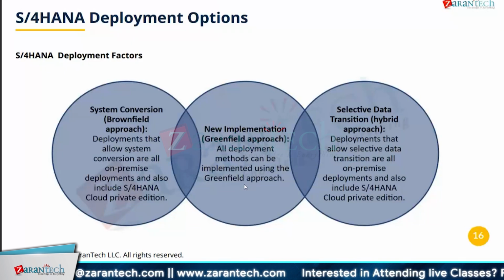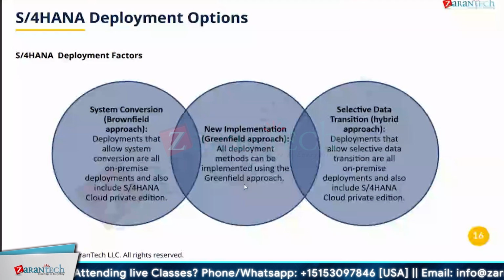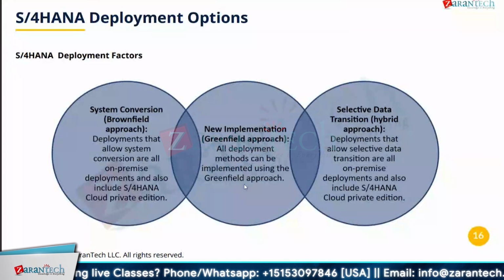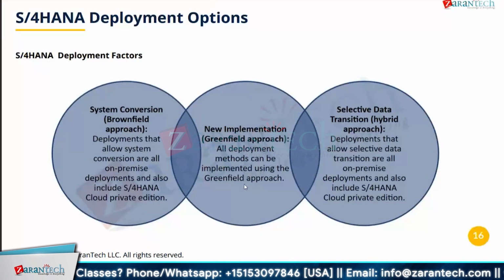That's your greenfield. When it comes to brownfield, you can consider it as your system upgrade itself. Your ECC system is available and that particular system is getting upgraded to S4HANA. It's not like everything in ECC will move to S4HANA; it depends on the data you have available.